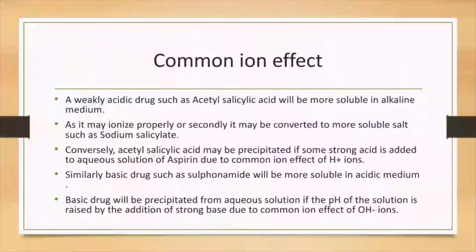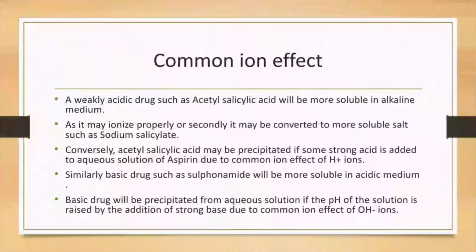So by dissolving it in an alkaline medium or a strong alkaline medium like sodium hydroxide, acetyl salicylic acid forms a soluble sodium salt like sodium salicylate, and by forming the sodium salt, it can easily dissolve in a polar solvent. And conversely, acetyl salicylic acid may get precipitated if some strong acid is added to an aqueous solution of aspirin due to the common ion effect of H plus ions.